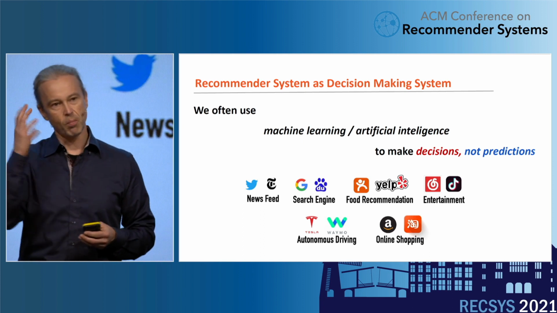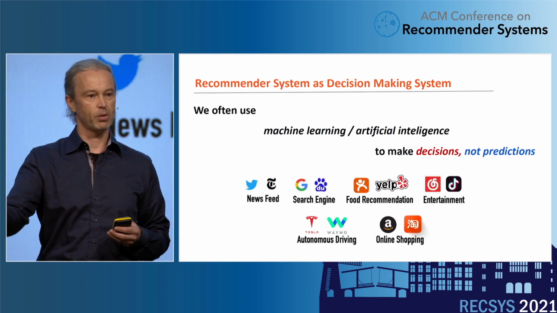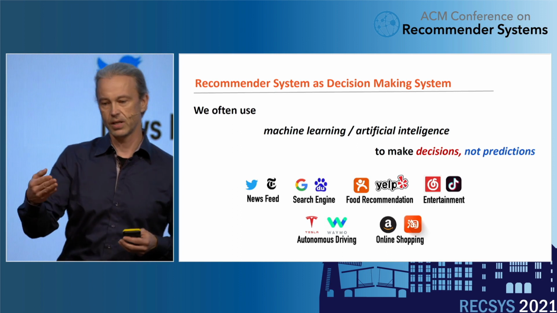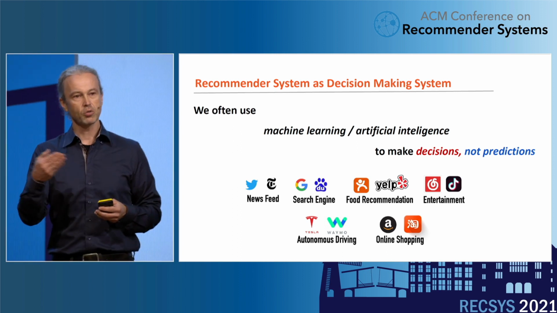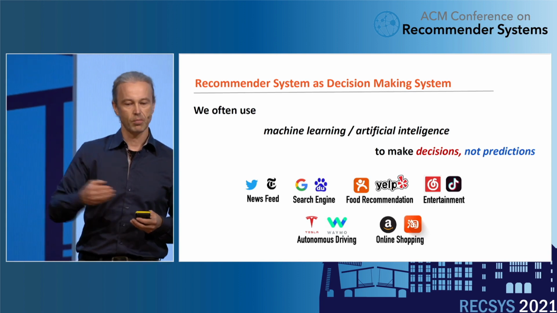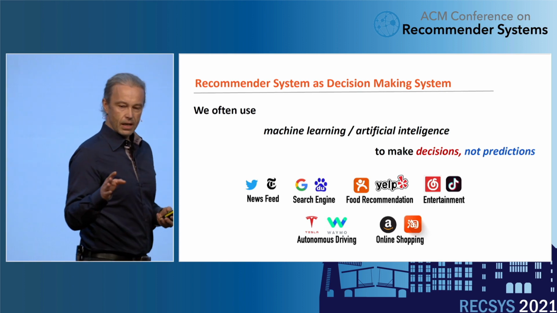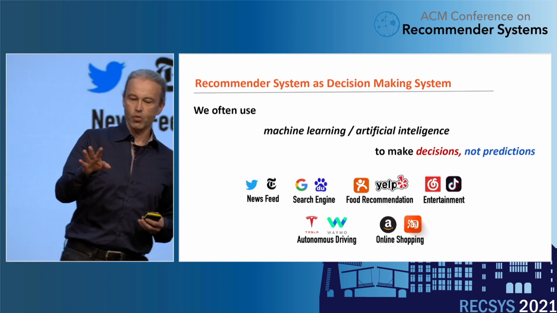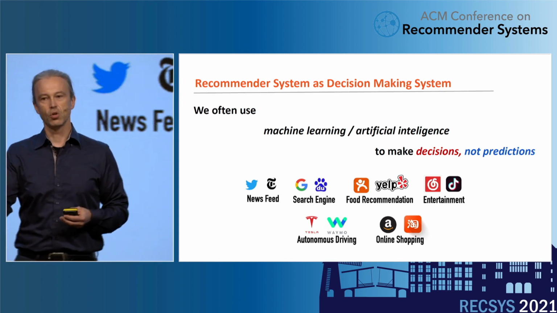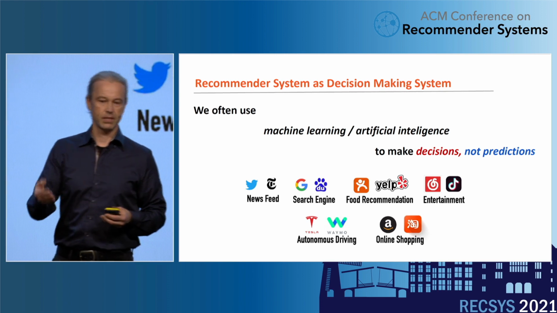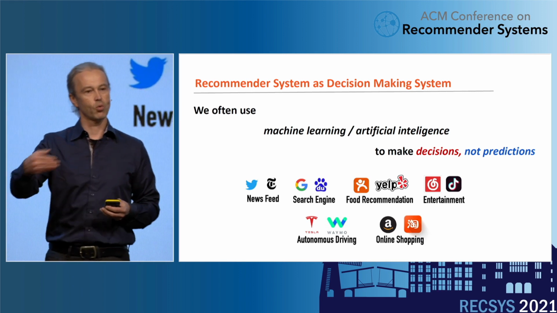That changes your mindset to a more causal kind of problem, and the techniques that we need for recommender systems are also going to be drawn heavily on causal methodology. I think this applies not just to recommender systems, but to lots of other problems where we use artificial intelligence or machine learning these days, all the way to autonomous driving, for example. It's really about making interventions in the world to have a desired effect.